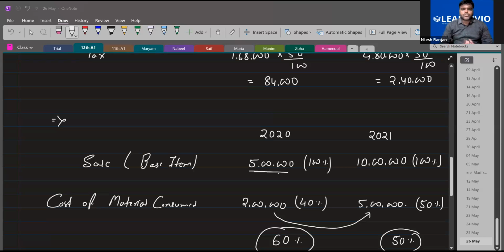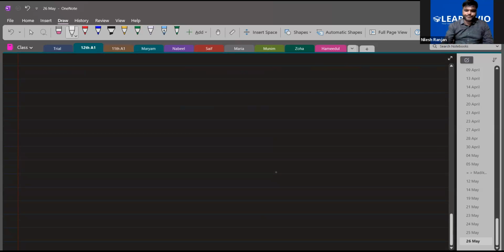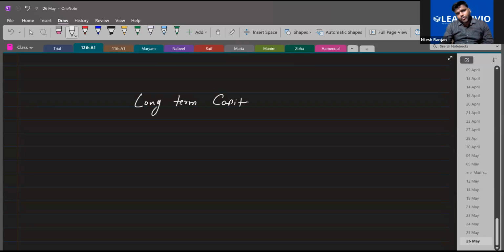So capital structure means the long-term capital of a business, the long-term capital employed. Capital employed also includes non-current liabilities.